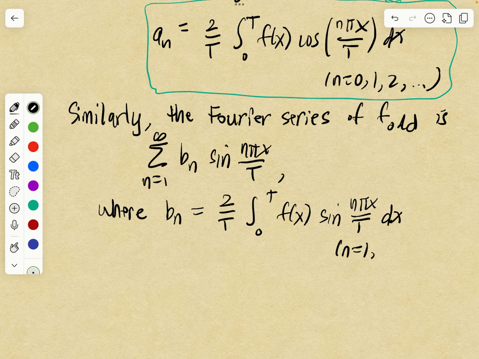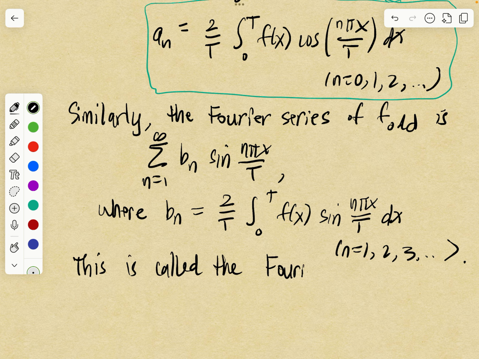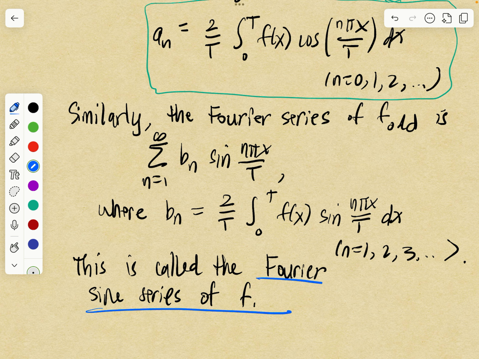This is for n equals 1, 2, 3, and so on. And then this series is called the Fourier sine series of f, where this is your b sub n.